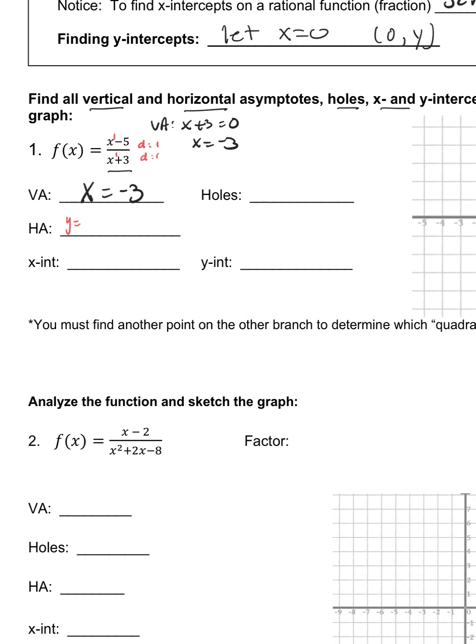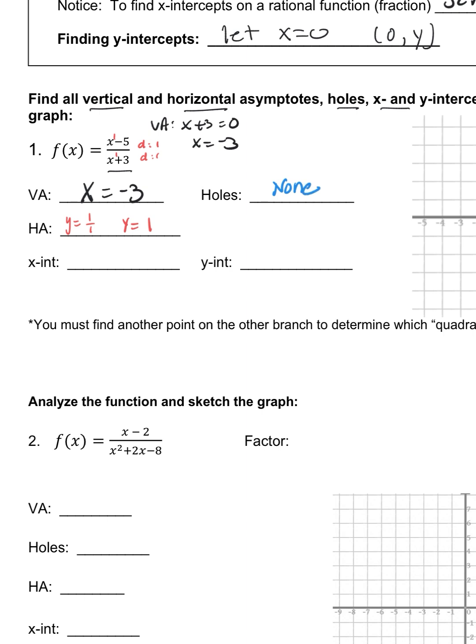The coefficient of the numerator is 1, and the leading coefficient of the denominator is 1, so our equation is y equals 1. Now let's look at the hole. We did not cancel anything out, so there's no hole. Please write no hole or none. Don't leave it blank.